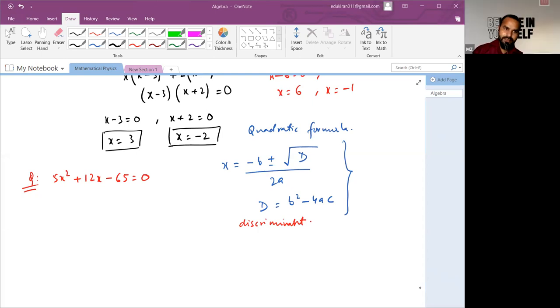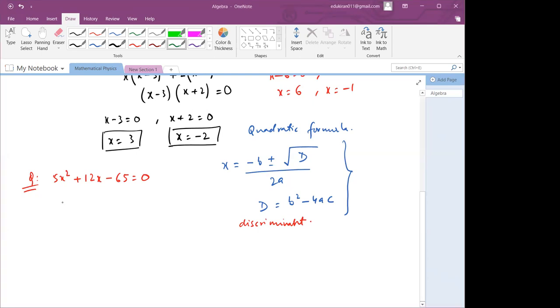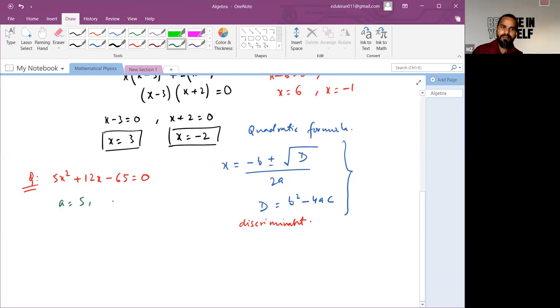So first of all, from this equation, A is equals to 5, B is equals to 12, and C is equals to minus 65. So we have to define the discriminant, which is equals to B square minus 4 times AC.